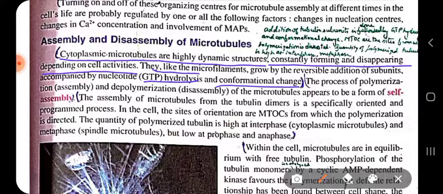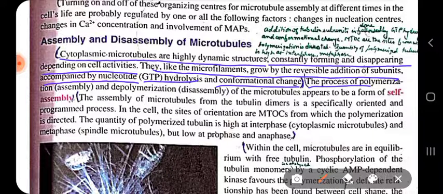They are like microfilaments, growing by reversible addition of subunits accompanied by nucleotide GTP hydrolysis and conformational change. On one side, on the positive growing end, they are constantly adding the tubulin, accompanied, that means helped, by GTP hydrolysis and conformational change as well.